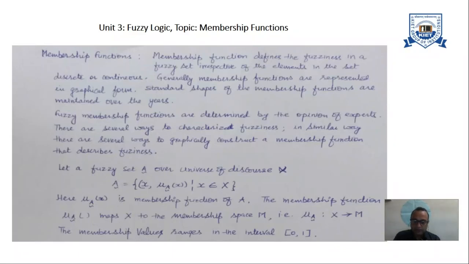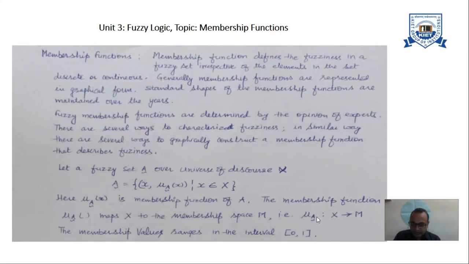It gives a value to x, and that value is always in the interval of 0 to 1. Here it has been mentioned that the membership function mu maps x to the membership space M. So mu A is the membership function of fuzzy set A.